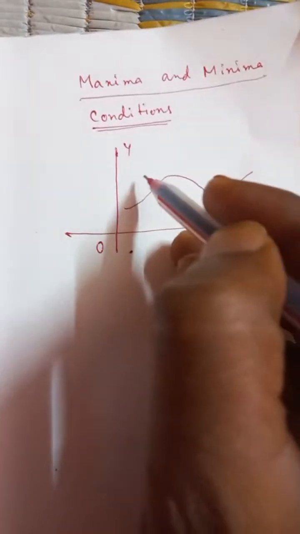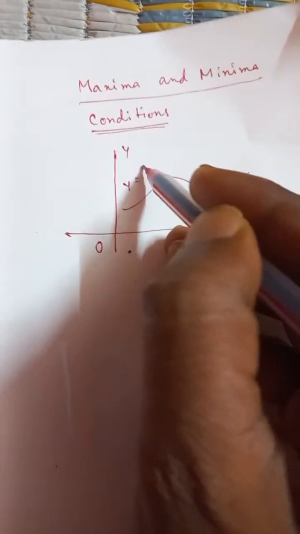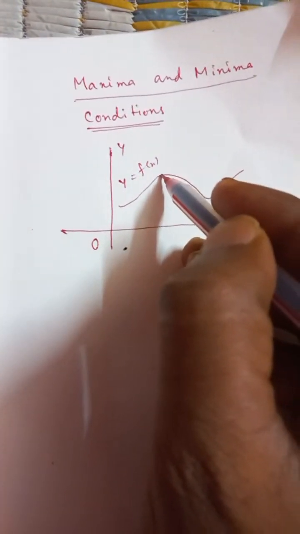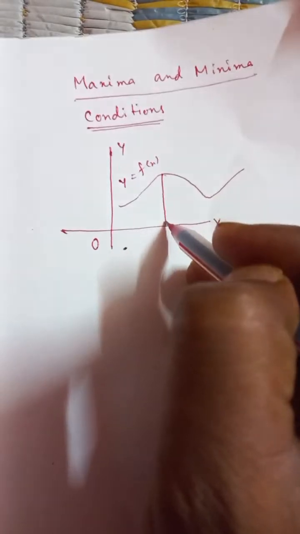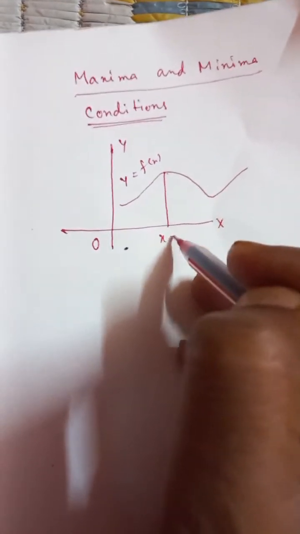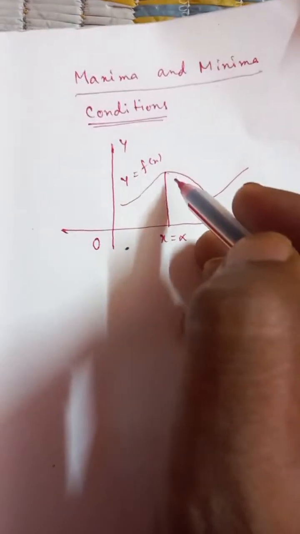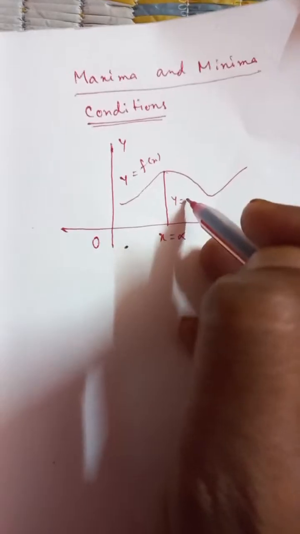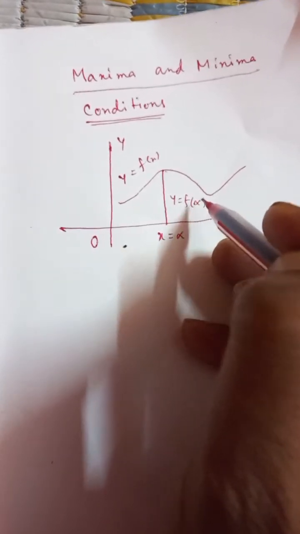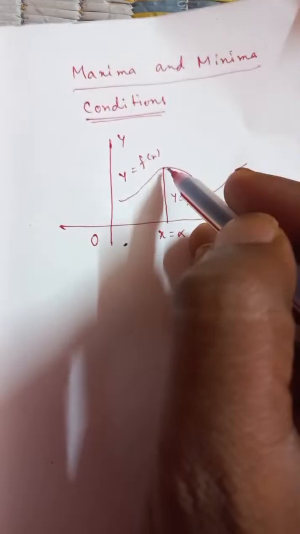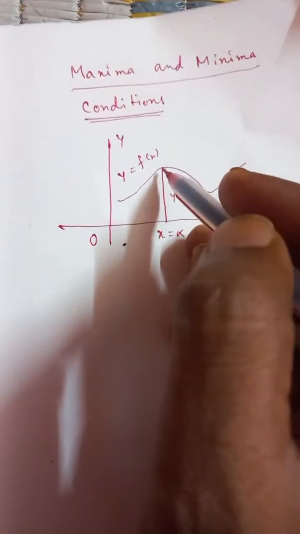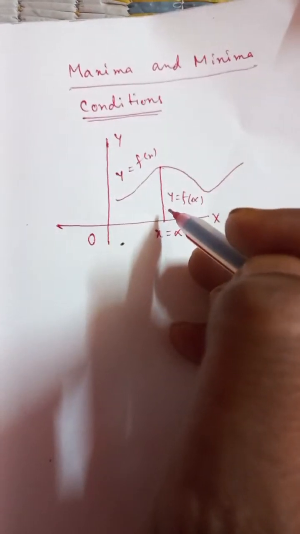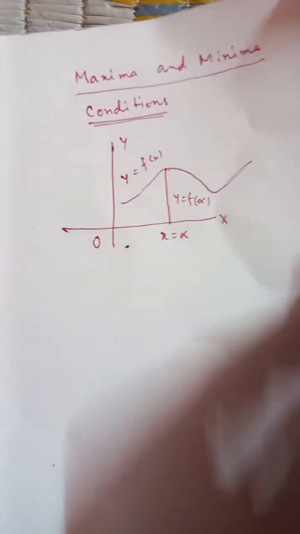Here, if this is y equals f(x), a curve, we can see that at this point x equals alpha, y takes its maximum value. Here y equals f(alpha). So at this point, the curve takes its maximum value.